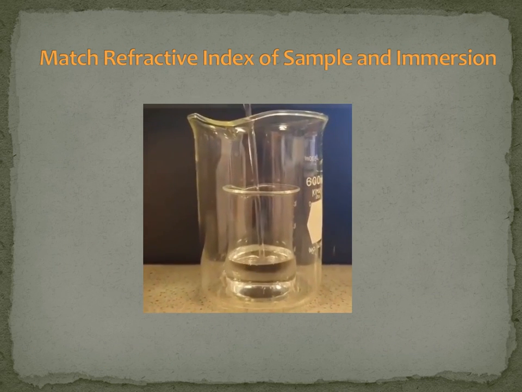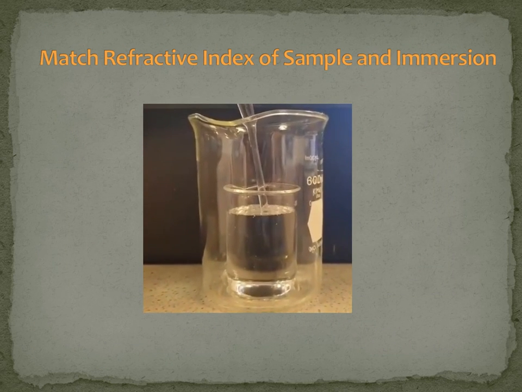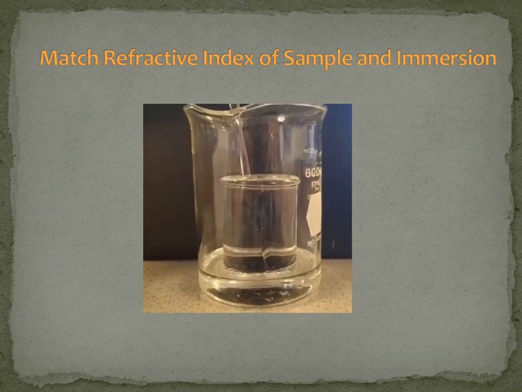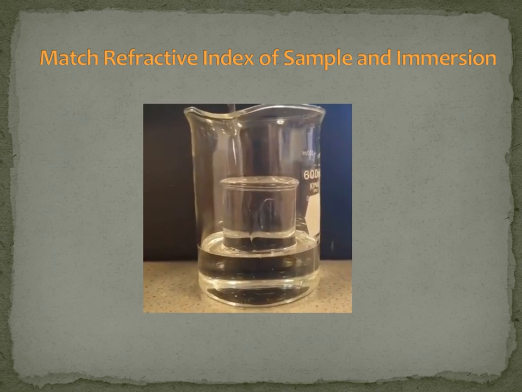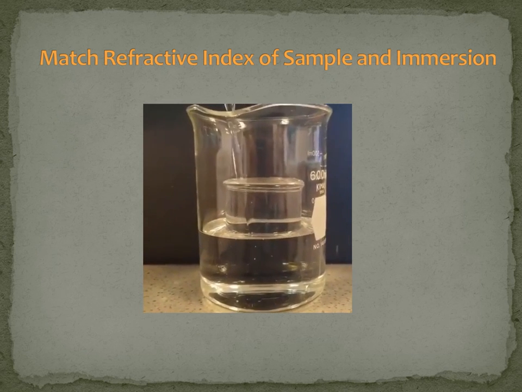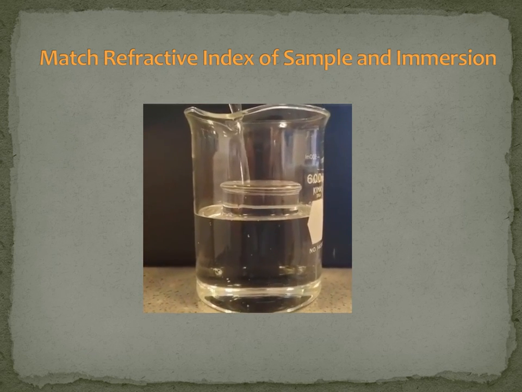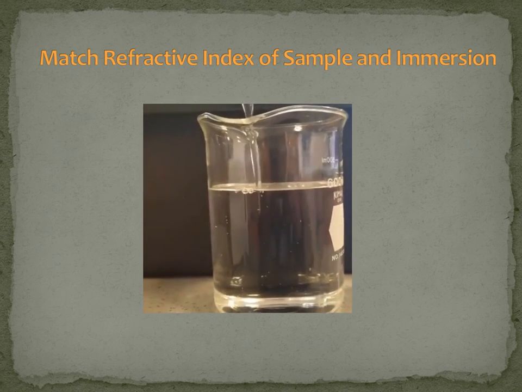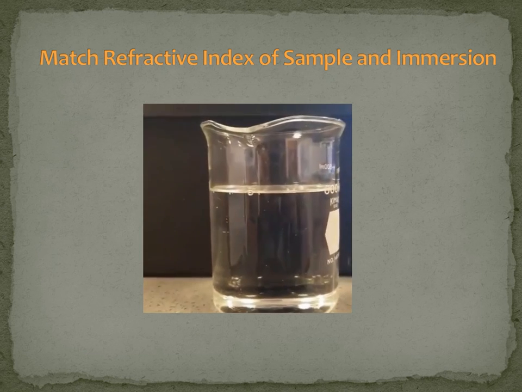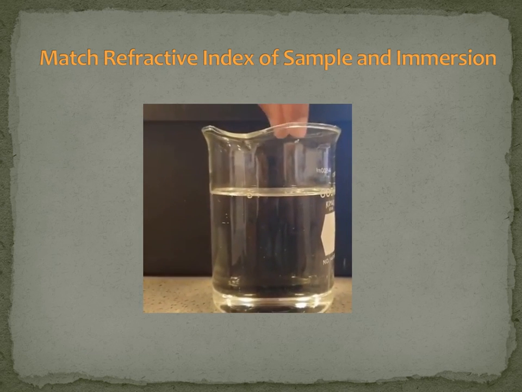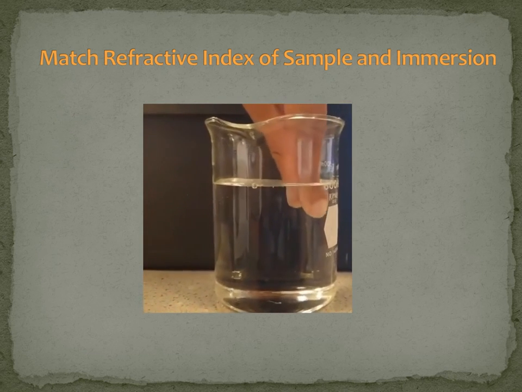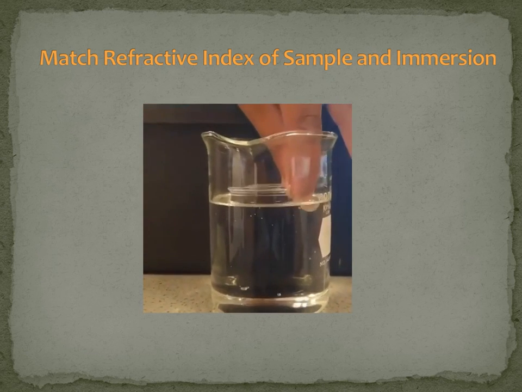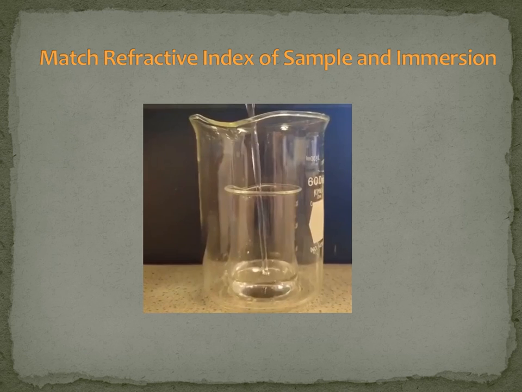And the importance of choosing an oil with an adequate refractive index is perfectly demonstrated in this movie, where you can see that this oil, which has the refractive index of the glass cup inside, will make it appear as if nothing is in there. So basically there's no contrast. The light is not refracted when it changes from the medium, in this case the oil, to the glass.